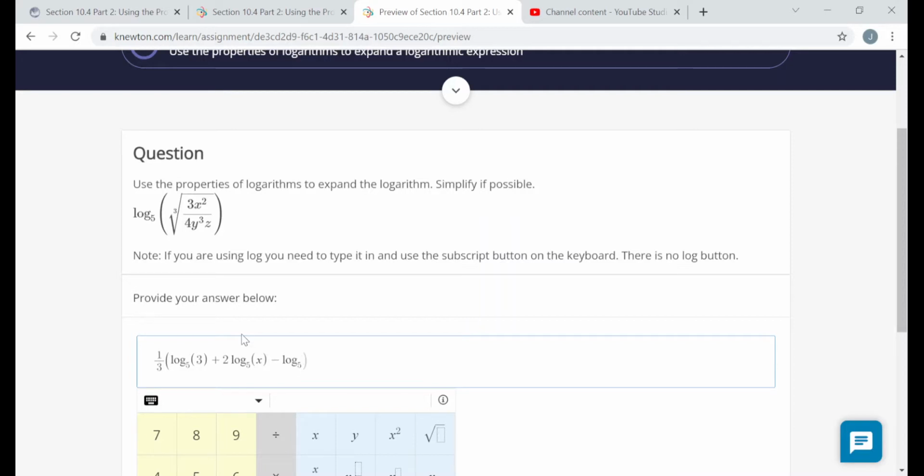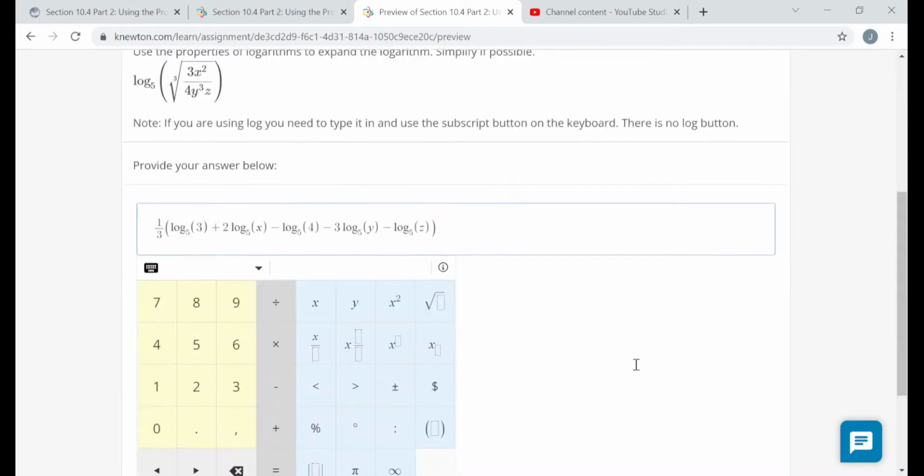Now they might want me to put the log base 5 of 3 and the minus log base 5 of 4 together because those are constants, but I'll just leave it the way it is right now. Minus 3 times the log base 5 of y, and then minus the log base 5 of z, and then close parentheses, right? So that all is multiplied by the 1/3.